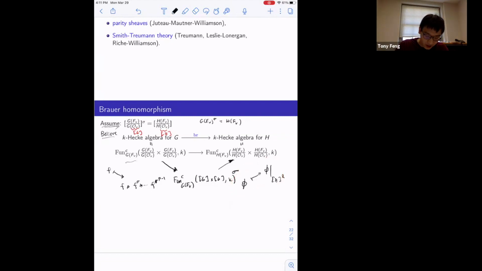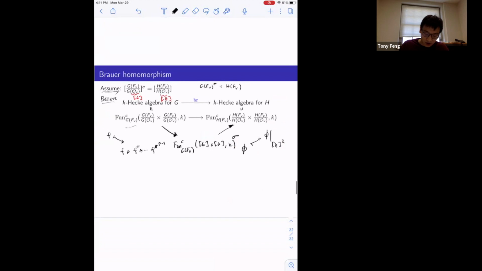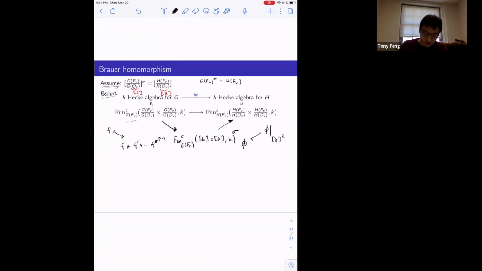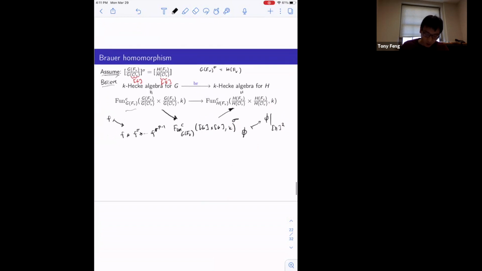At first, it seems like there's no way that it could be a homomorphism. Specifically, it's obviously additive, but there's no way it could be multiplicative.